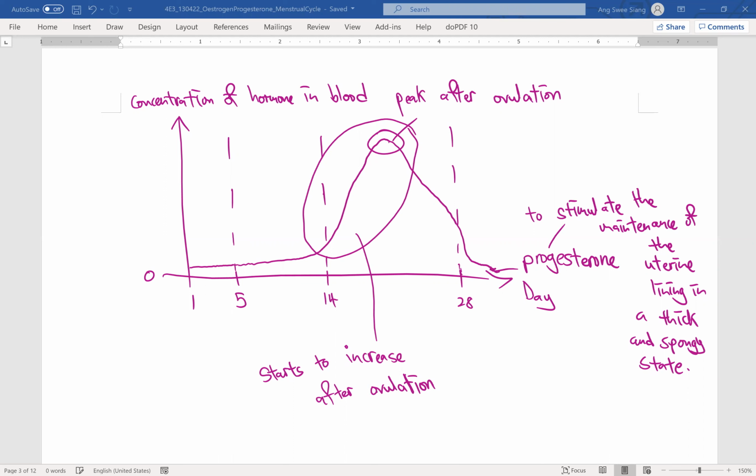Heterozygous genotype means one capital D, one small letter d. Okay? And now, if both the father and mother are homozygous dominant, then the offspring can only be homozygous dominant.